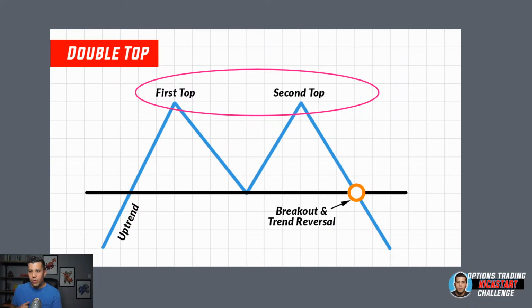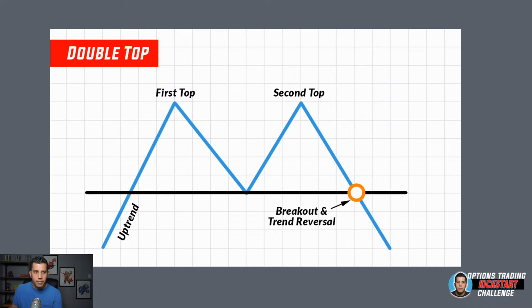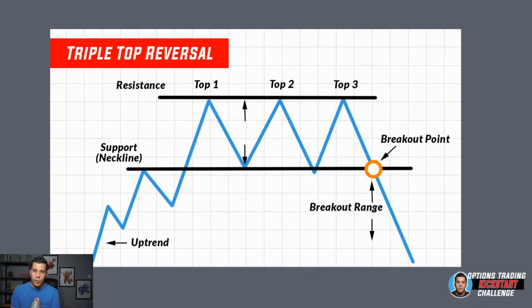We're going to go through some real world examples too. So right now, with the double top and also the triple top, we're kind of into these right now where we're at resistance. We're at a point in time where the stock's not going up.